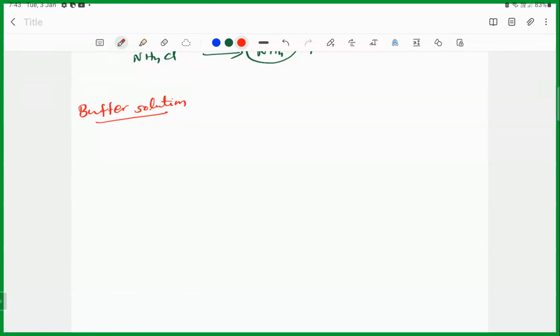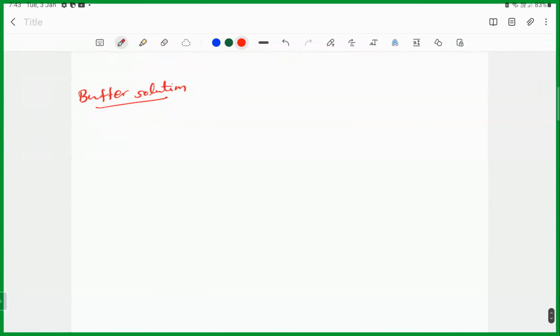So the buffer solution is defined as the solution which resists the change in the hydrogen ion concentration on adding a small amount of acid or base. That solution is known as buffer solution.